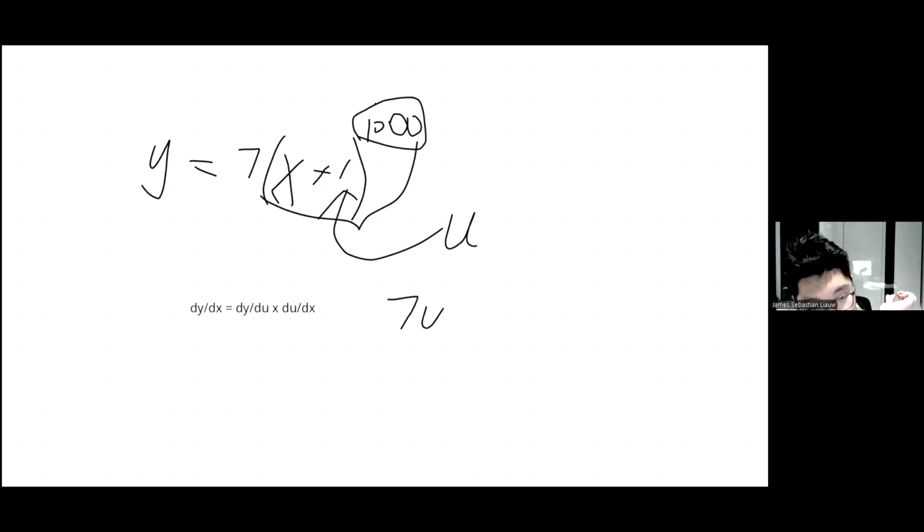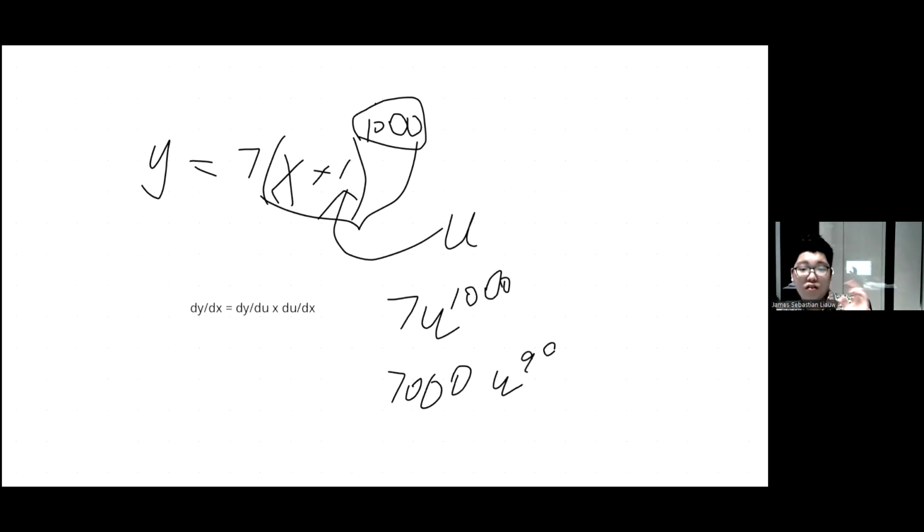So now we have the expression 7 u to the power 1000. And that gives you, by the very basic power rule, 7000 times u to the power 999. Here's the thing, this is your u. So now we have u equal to x plus 1.